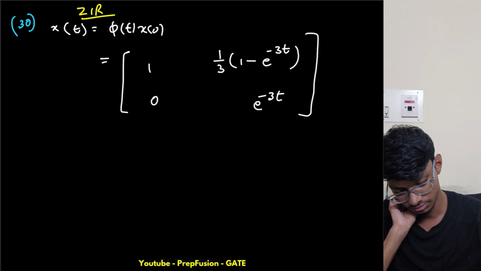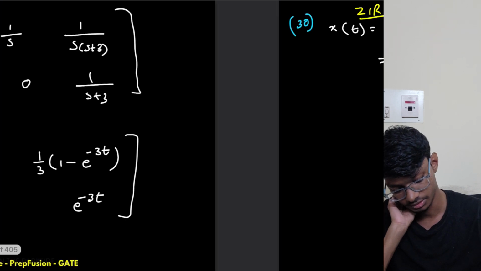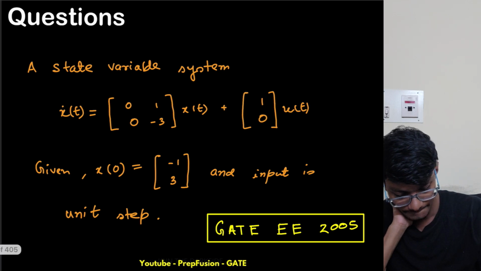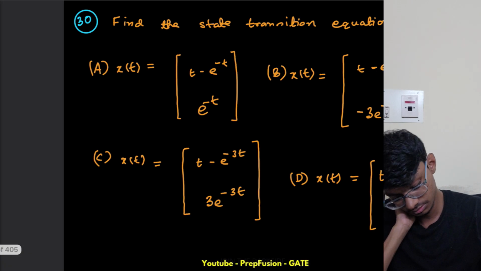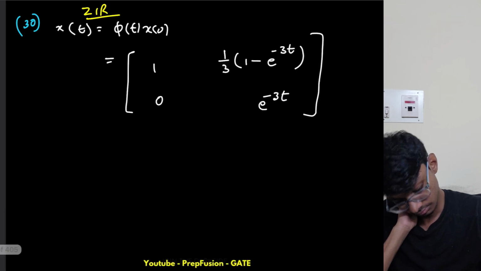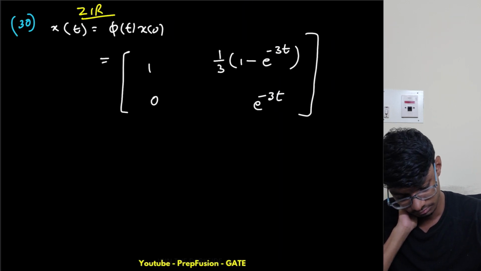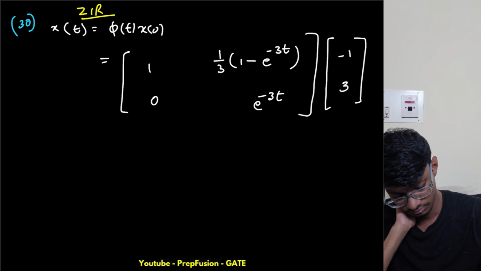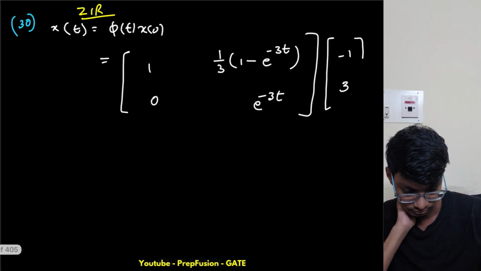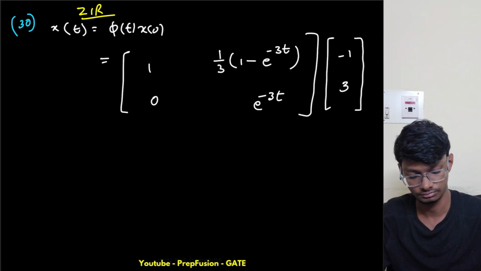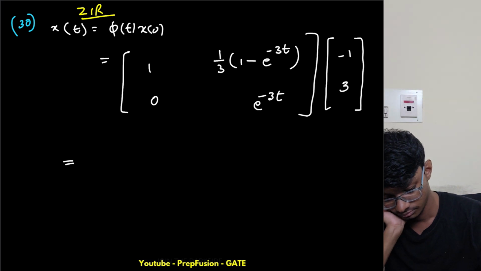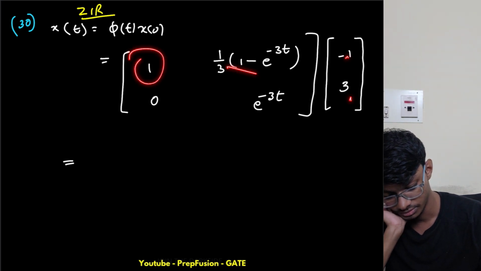I've forgotten to copy it. What was this? This was minus 1 3. This is 1 times minus 1, this is 1 times 3.